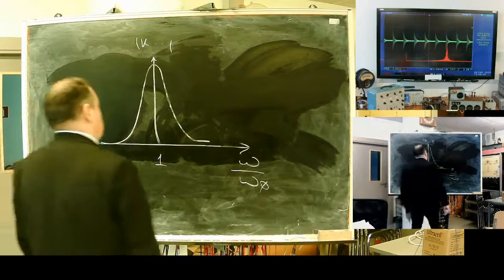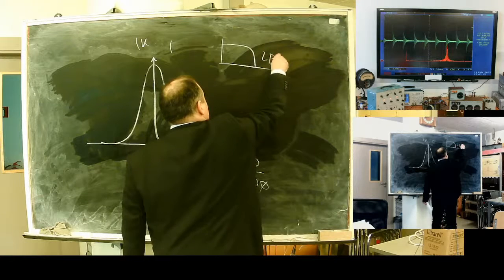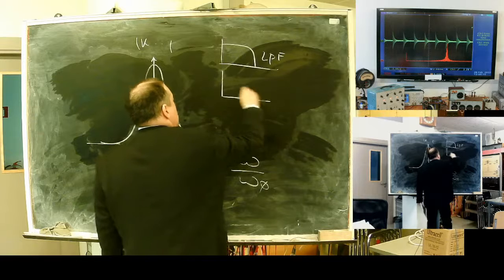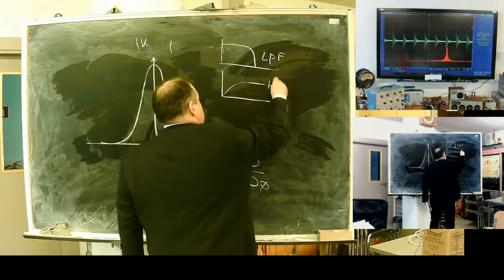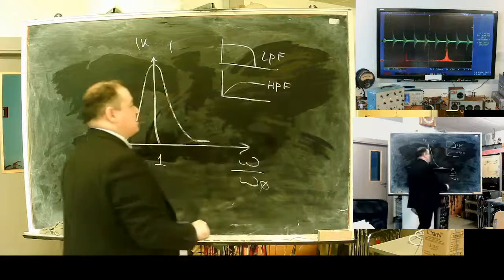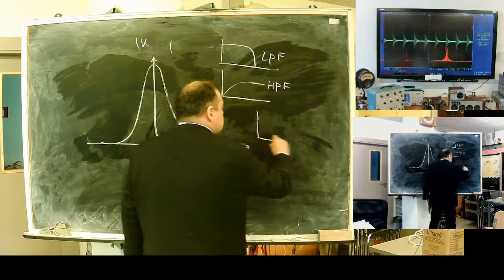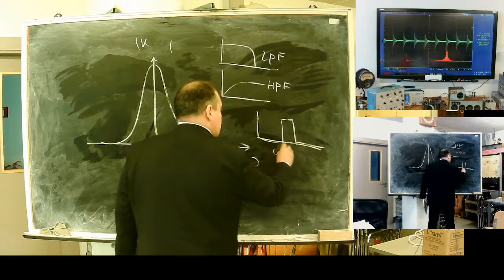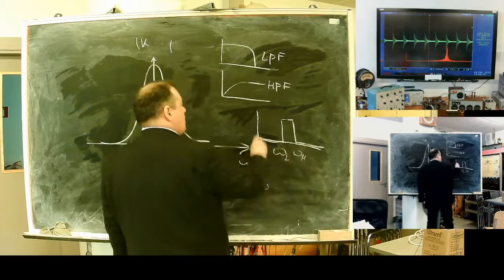An LPF suppresses high frequency, an HPF suppresses low frequency, and an ideal band pass filter cuts off a frequency band from omega low to omega high.